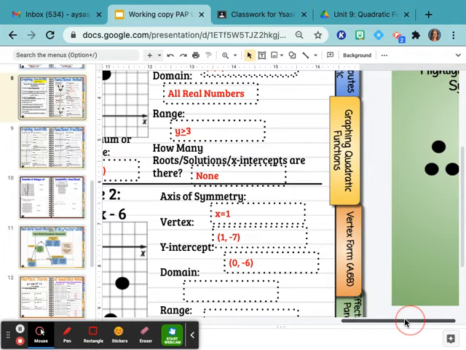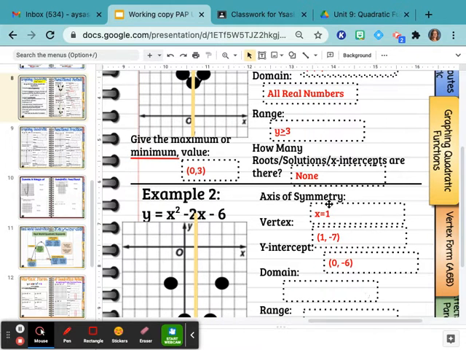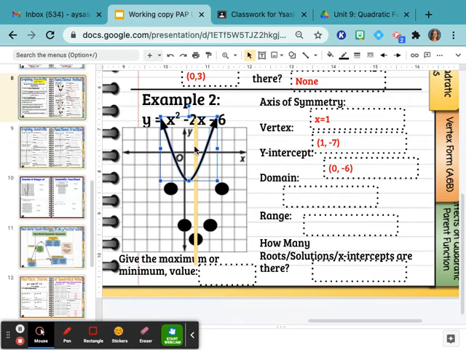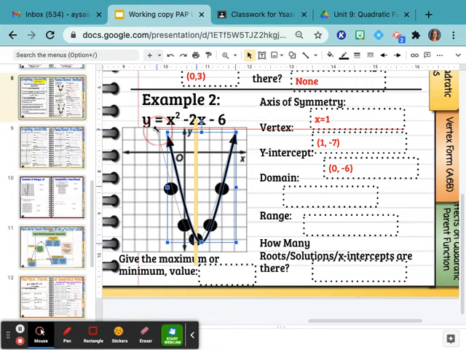I think there's one over here, right? I'm just going to use this. Control C, Control V, pull it down, and then extend it out. There.